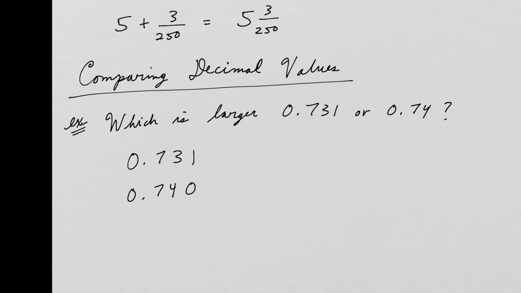So 7 equals 7, 7 equals 7, but 3 is less than 4. So that means that 0.731 must be less than 0.740. If they're equal, you go to the next place, the next digit, you compare them, and then you can determine which one's greater by looking at each particular place value.